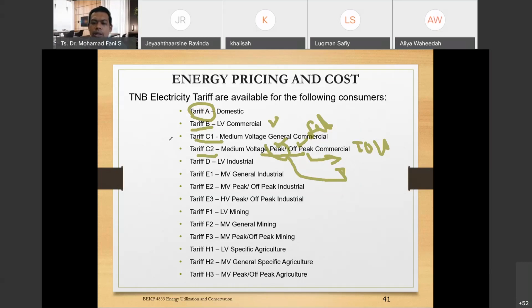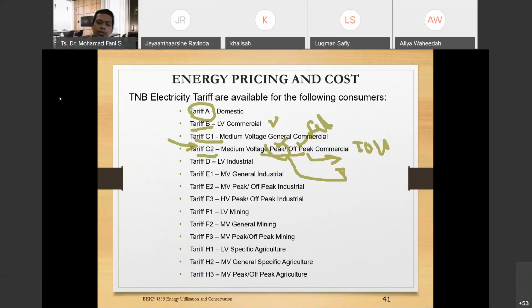Okay, customers that subscribe to the C2 are advised to manage their load, so that the peak demand will be reduced when they are able to shift their operation from peak to off peak.